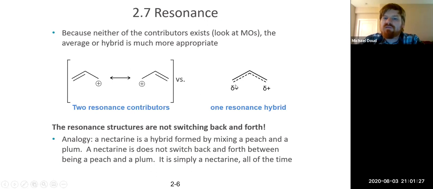So it's like we have, rather than a double bond, a 1.5 bond here and a 1.5 bond here. Also, the positive charge is spread out as well. Rather than being located just on carbon 3 or just on carbon 1, it's actually partially positive on both of them.